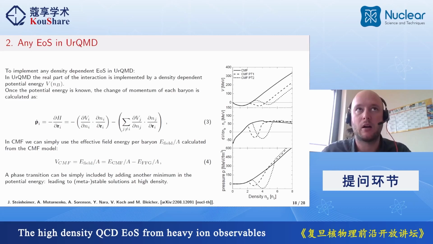However, when you talk about critical phenomena near the critical point, then correlation length and the range of the interaction become very important. And it's not so clear how to model this in this transport model, where the interaction range is determined by the width of these Gaussian wave packets, which are not changed during the whole simulation.